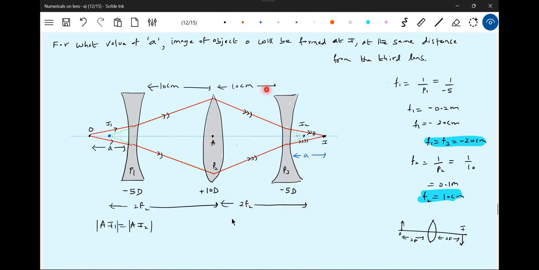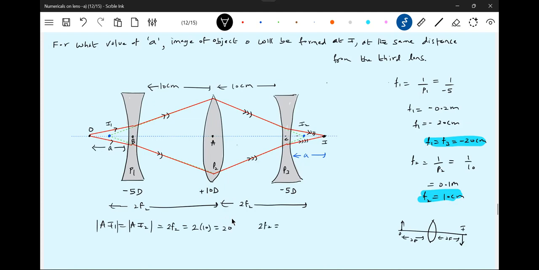We know f2 is 10. So what do we expect now? I'll write B, I'll write C. What should be the distance CI2? AI1, AI2 should be equal to 2f2, so 2 into 10, 20 centimeter.